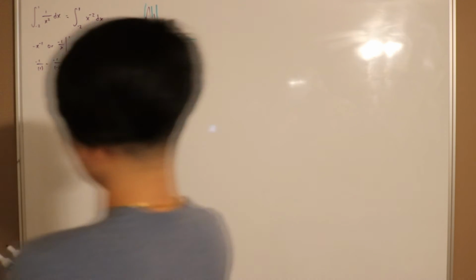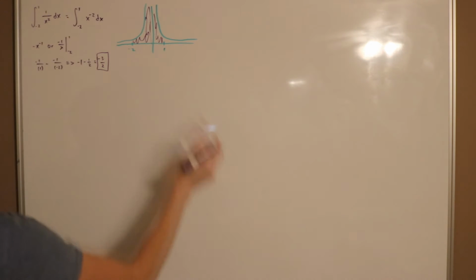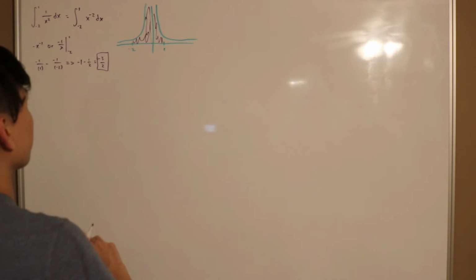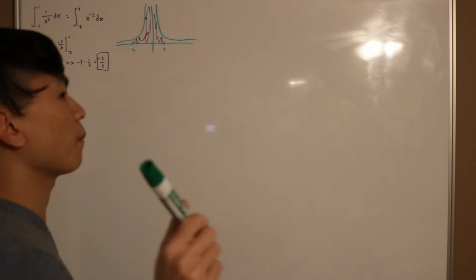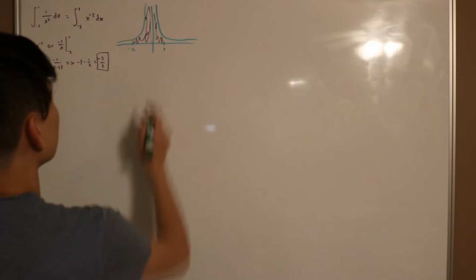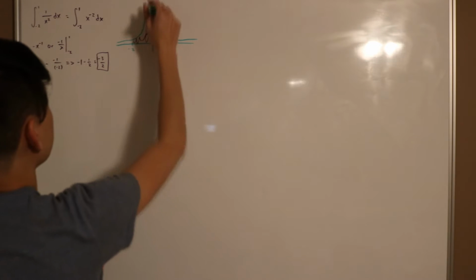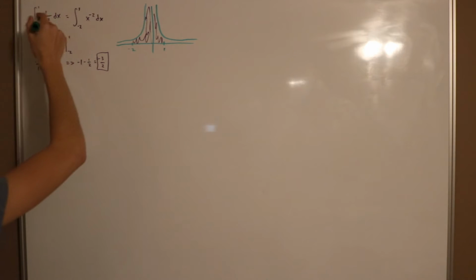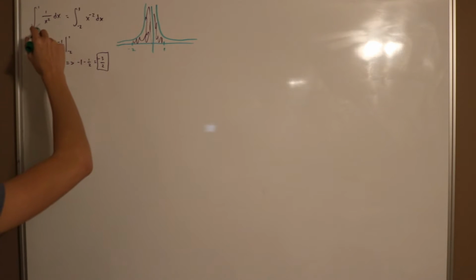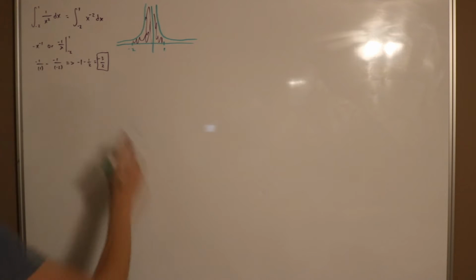So let's rewrite this integral, and I'm going to use this marker instead. Let's split this into limits. Here we have a vertical asymptote at 0, because 1 over x squared is undefined at x equals 0.